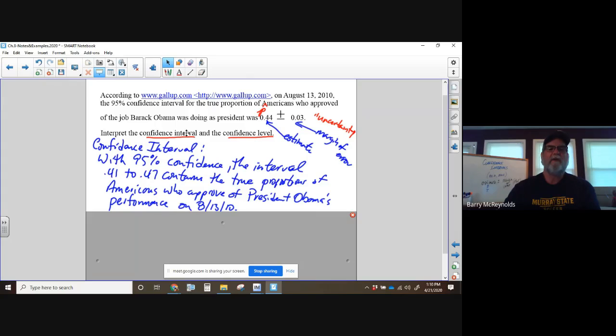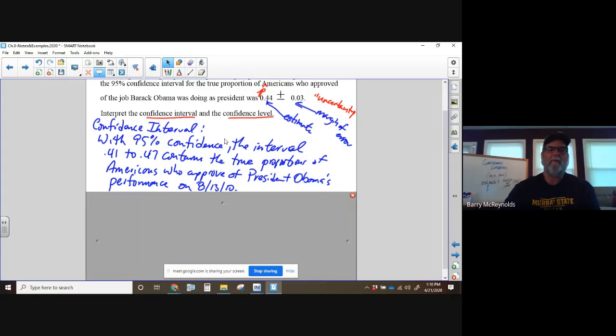Okay. So let's talk about the confidence interval first, and the way we would interpret this in context is, with 95% confidence, the interval from 0.41 to 0.47 contains the true proportion of Americans who approve of President Obama's performance on 8/13/2010.